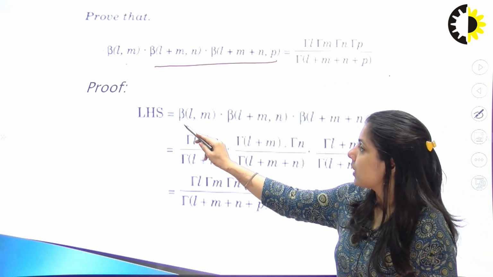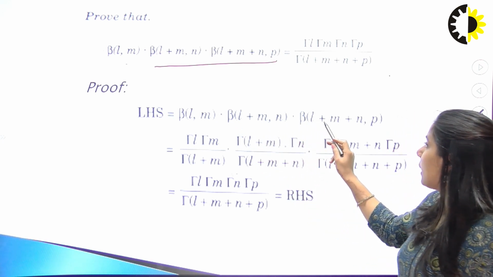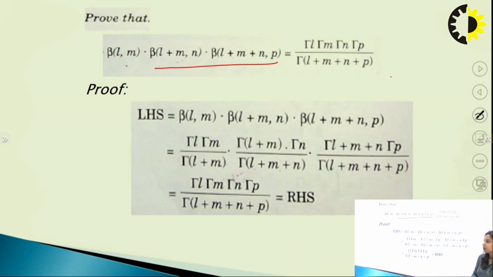Now to prove this property, we will take the left hand side and then prove the right hand side. We take the left hand side: beta(l, m) dot beta(l plus m, n) dot beta(l plus m plus n, p). Now we will use the property of the beta function and gamma function: beta(m, n) is equal to gamma m gamma n upon gamma of m plus n.